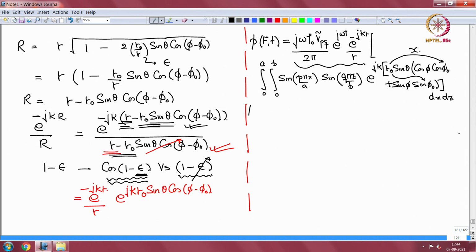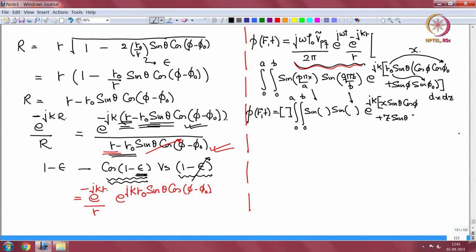So this becomes p, at some location r and t, this entire term in front here, double integral 0 to a, 0 to b, then sine this term, sine this term, and e to the power of jk x sine theta cos phi plus z sine theta sine phi, dx dz.